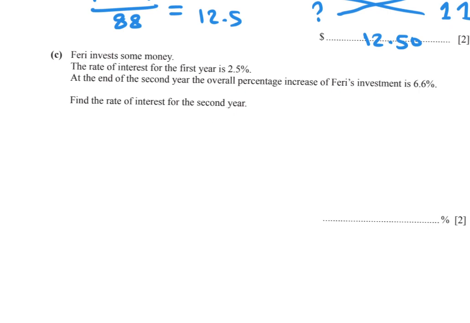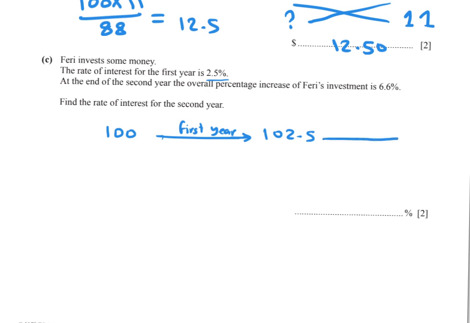We can consider that the initial amount is 100. After the first year, because the rate is 2.5%, it increased by 2.5. So 100 becomes 102.5.